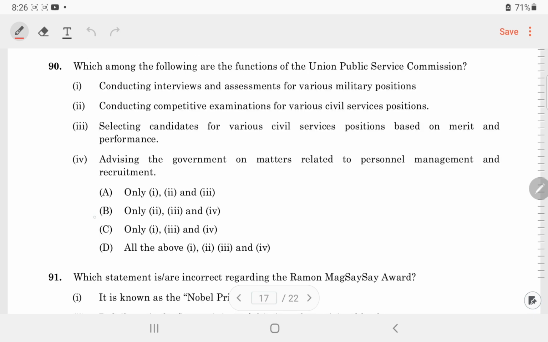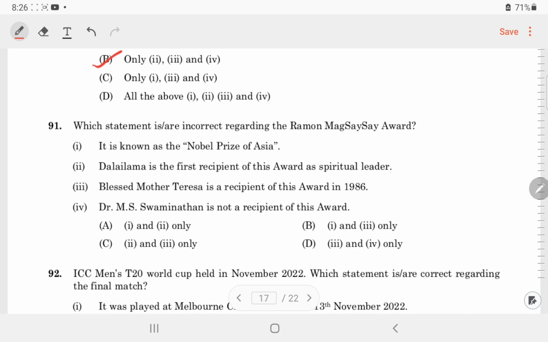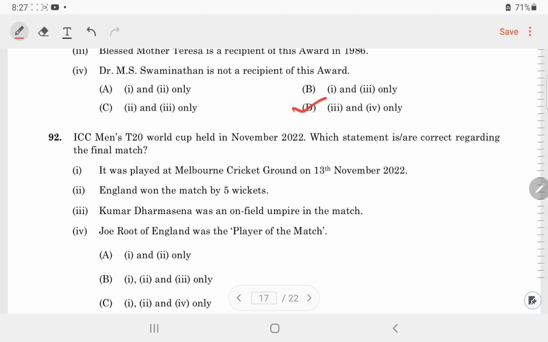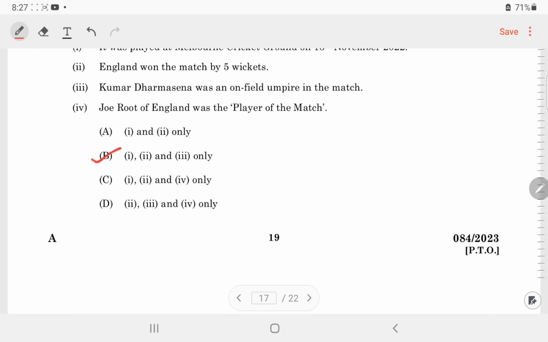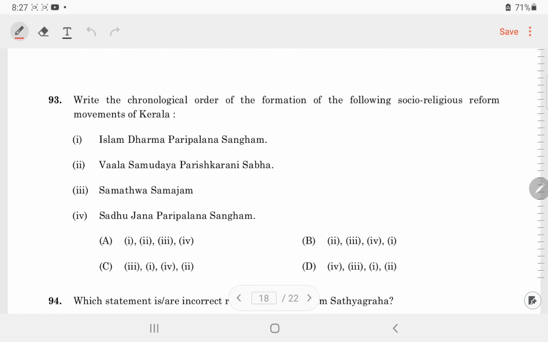The answer is option B. Question number 91. The answer is option D. Question number 92. The answer is option B. Question number 93. The answer is option C.